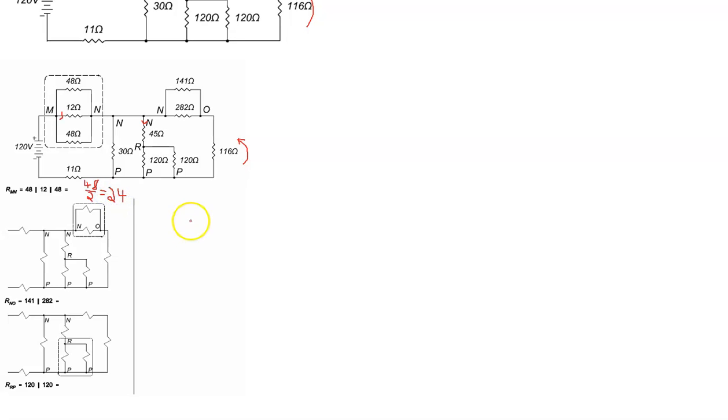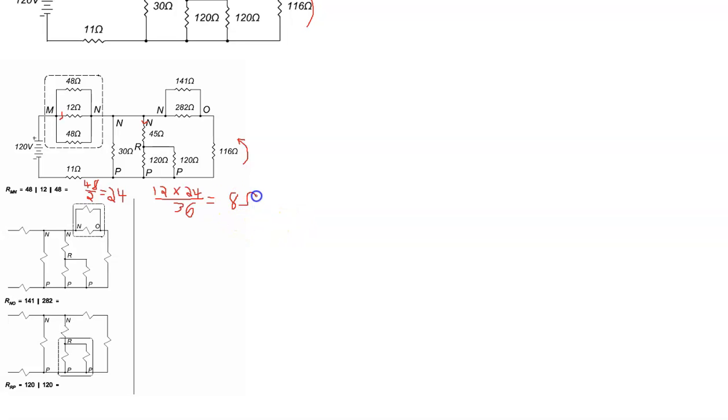Okay, so then we got 12 in parallel with 24, which is 12 times 24 over 12 plus 24, which is 36. And if we do that calculation, we get 8 ohms.